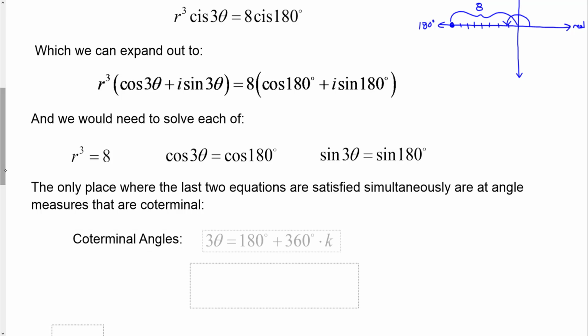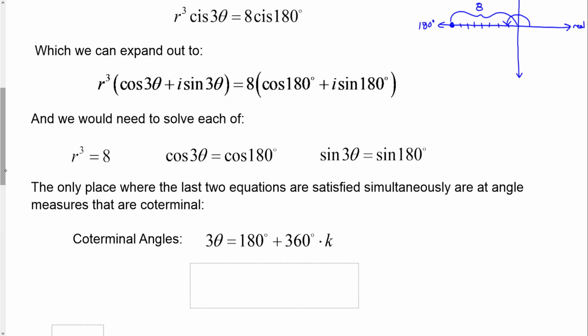Coterminal angles would look like this. So 3 times an angle measure theta equals 180 degrees. To make something coterminal with that solution, it would be plus 360 times some constant. You could add 360 to an angle measure to make it coterminal.